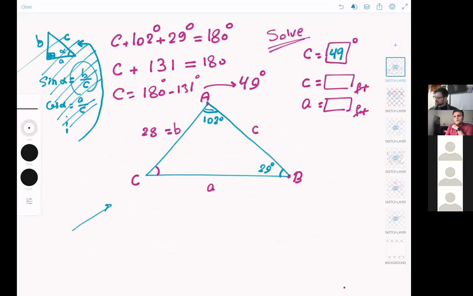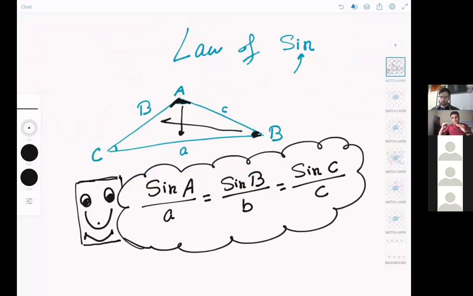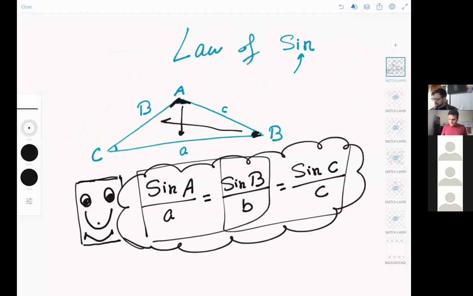Are you following, Yvette? Yes. So we have a new formula. The formula has three equalities, but when we are using it, we're going to use only two of them at the same time. This two or this two or this two. We cannot have two equal signs.